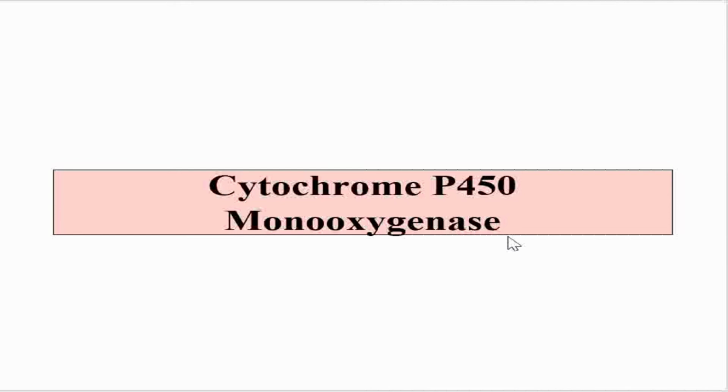Oxygenases are enzymes which can insert either one or both oxygen atoms derived from O2 into an organic substrate. In this category, there are two kinds of enzymes: one is monooxygenase and the other is dioxygenase.